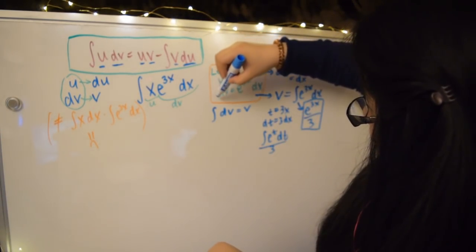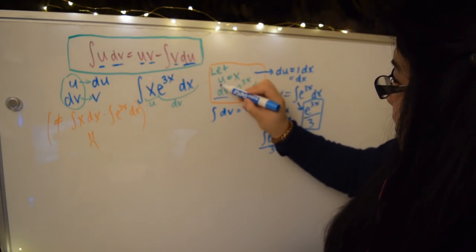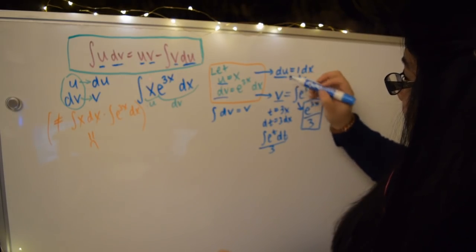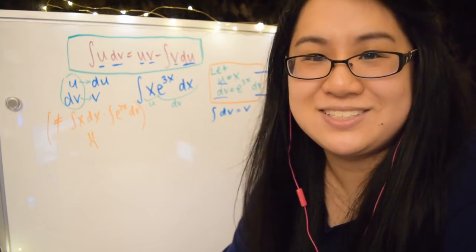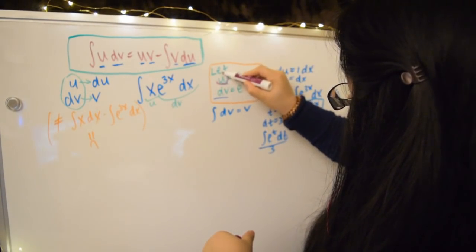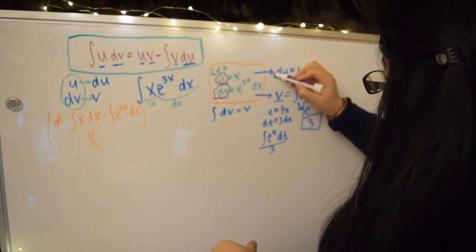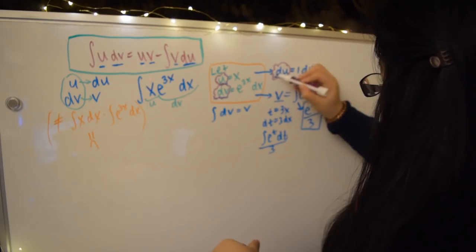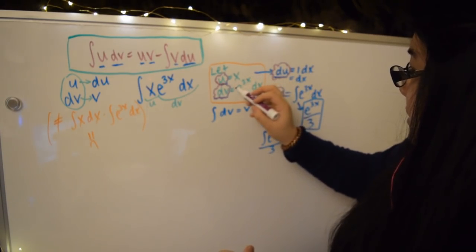So we have dv, we have v, we have u, and we have du. Let me highlight those parts because that's what we need. So u, dv, du, and v. So we have our 4 pieces here.